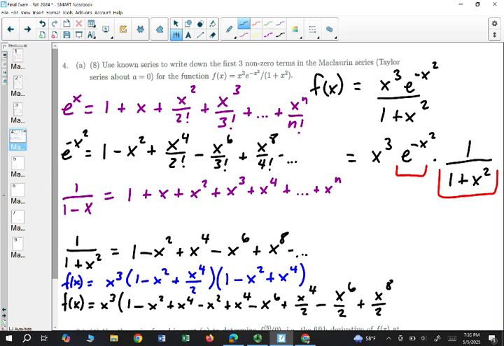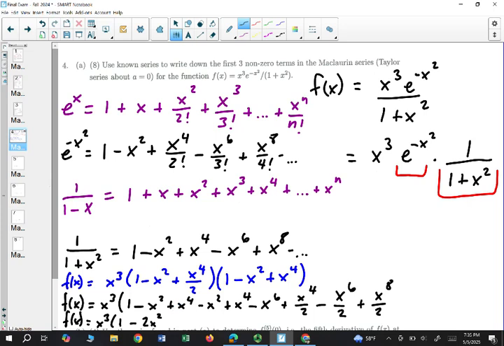Okay, look to combine like terms. Let's see what we have. We have x to the 3rd. We have the 1. Minus x squared, and another minus x squared is a minus 2x squared.